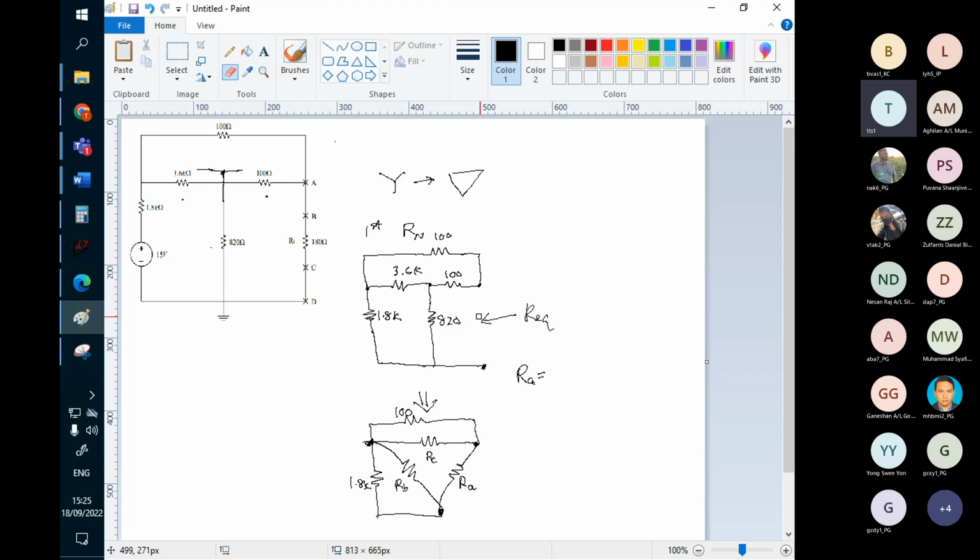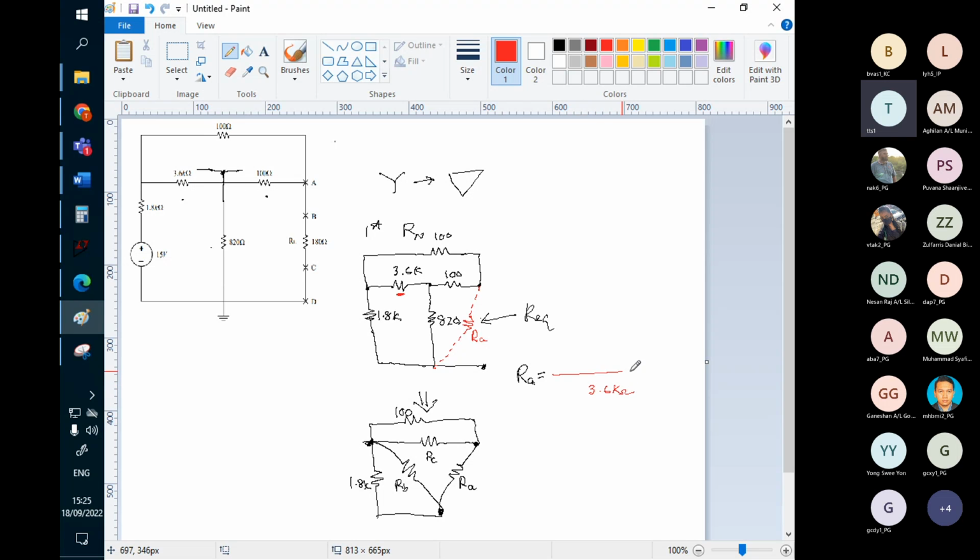Usually when we are drawing our RA, it's better to use a dotted line of a different color. So this RA, you look straight forward into the opposite side. You see this one, right? You see the 3.6K. So you put the 3.6K at the denominator.